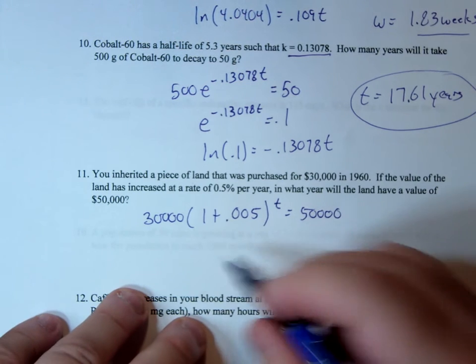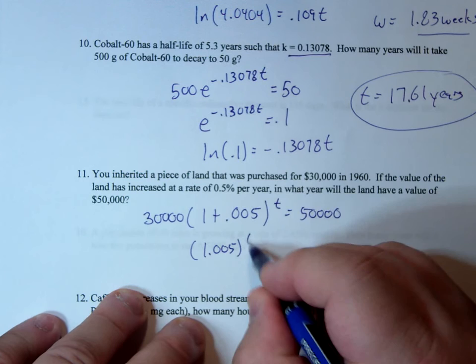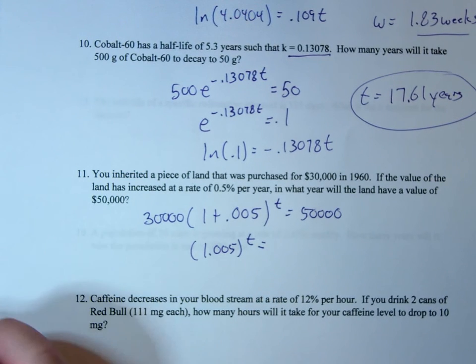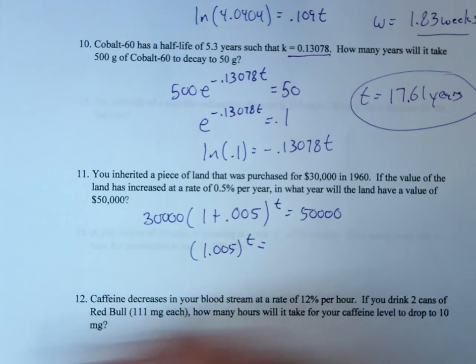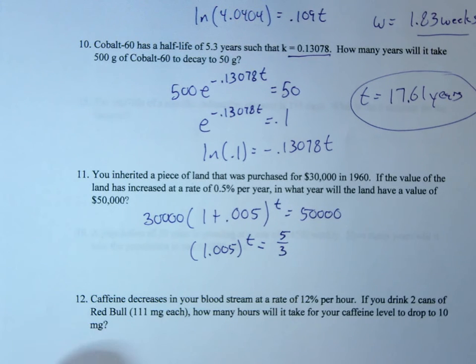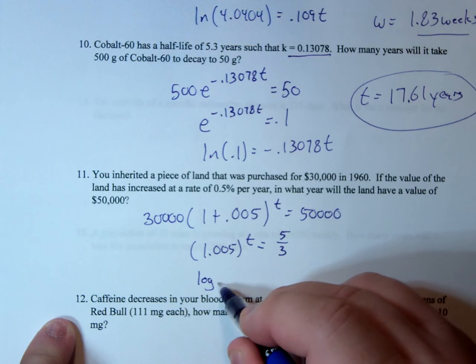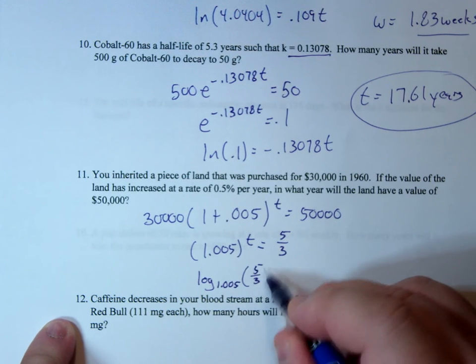Divide: 1.005 to the t equals 50,000 divided by 30,000, which is a repeating decimal, so I'll use 5/3. So that would be log base 1.005 of 5/3 will equal t.